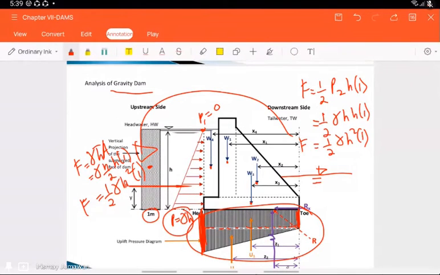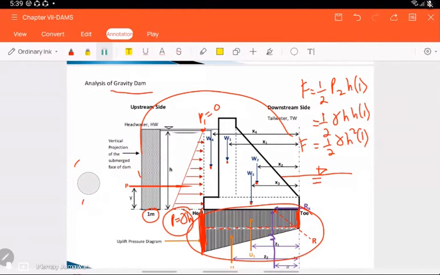Okay, so there are some other forces that may act on your dam. So you can add everything. You have here the wave. You also have the earthquake load. You have other loads on top of your dam. It depends on the type of usage, so you can add them on.